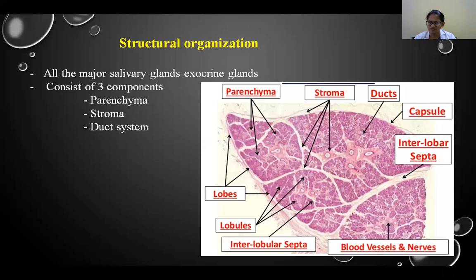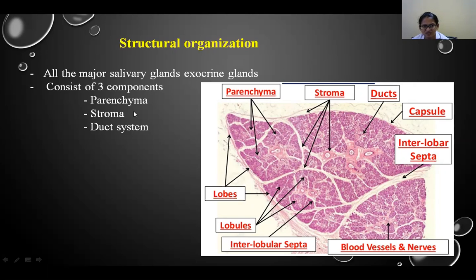This septa divides the gland into lobes. Again, this lobe is divided into lobules. See, this is one lobe and this is one lobe. This is one lobule, this is one lobule, this is one lobule. With the help of this septa and connective tissue, the gland is divided into lobes and lobules.